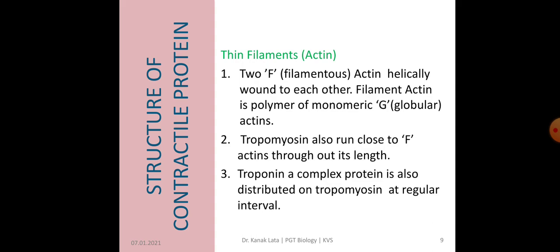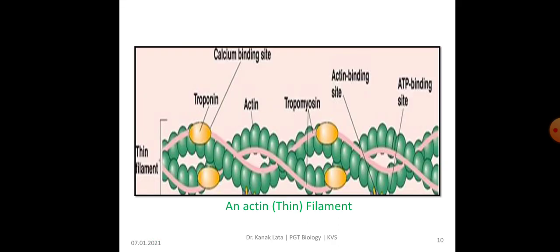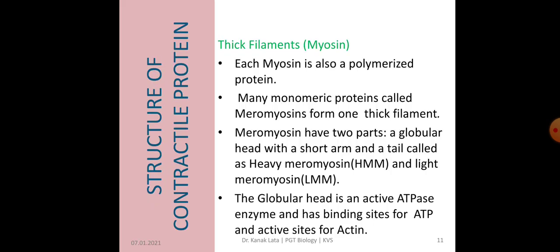There is a complex protein troponin also present on the tropomyosin at regular interval. Troponin is the calcium binding site. Here you may visualize an actin thin filament showing two F filamentous actins, tropomyosin and troponin.